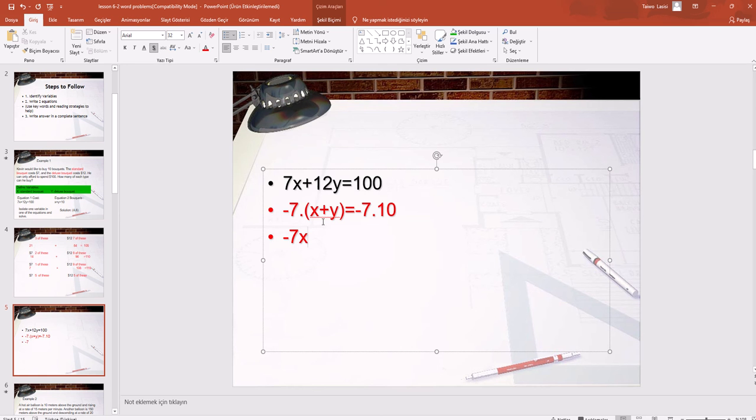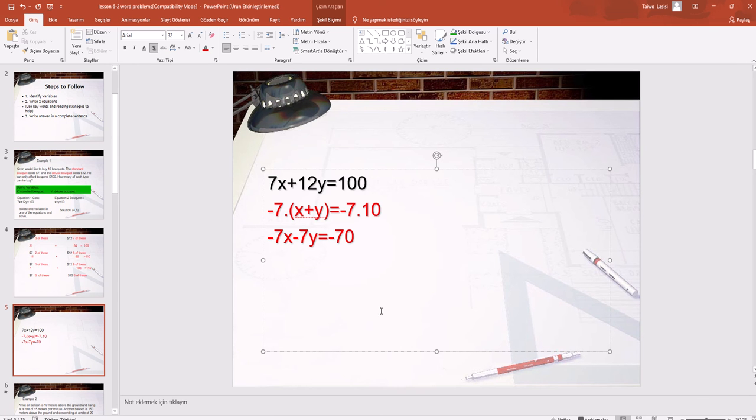Minus 7x, okay? Minus 7y equals minus 70.